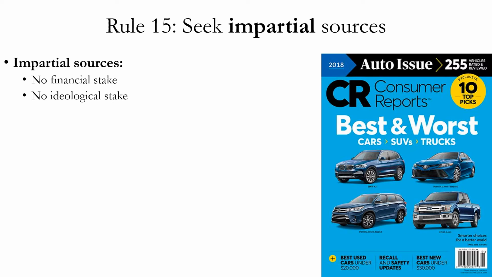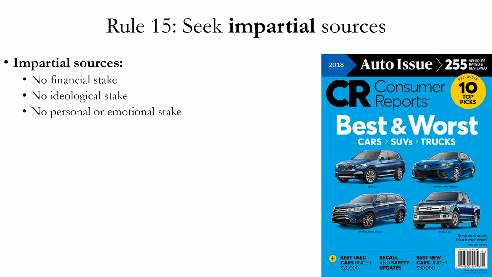Another criterion for being impartial is that the source does not have a strong ideological stake. So for example, politicians or political activists or even individual people with a strong political or religious ideology will not be impartial sources on a given topic. The source does not have a personal or emotional stake.